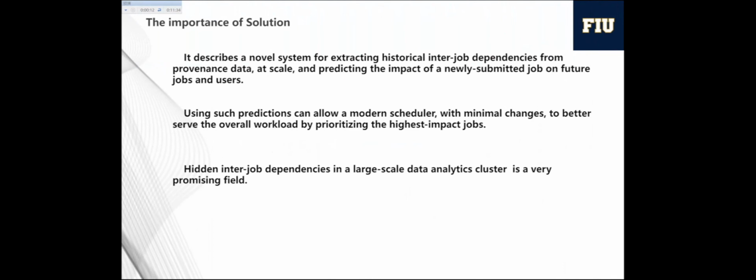Second, using such predictions can also allow a modern scheduler with minimal changes to better solve the overall workload by prioritizing the highest impact jobs. And the third one is that hidden inter-job dependency in a large-scale data analytic cluster is a very promising field. So it shows that the data cluster scheduling has so many jobs and so many chances that we can explore the charm of this area.